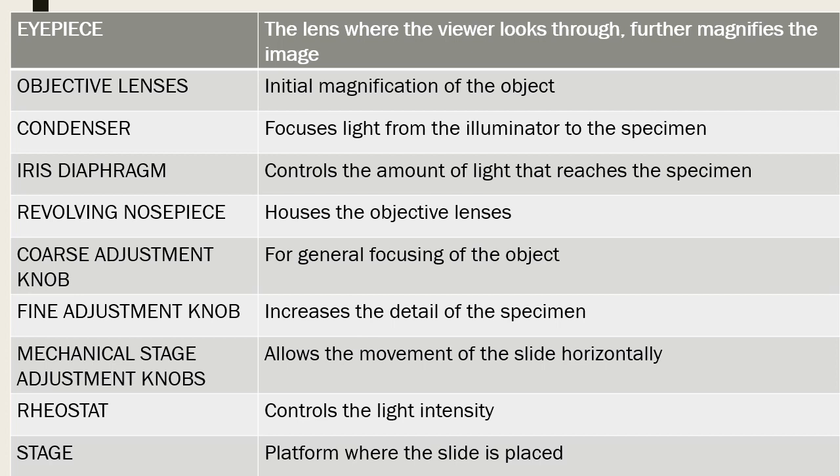One is your magnifying lens system. The primary one is your objective lenses, and the second one is your eyepiece. Your objective lenses are utilized for initial magnification of the object. Your eyepiece will further magnify the image processed by your objective lenses.